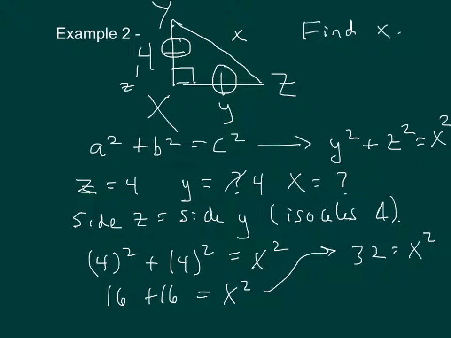Now we want to get x by itself, so we can take the square root of both sides, and we can get x is equal to the square root of 32. We won't talk about simplifying this just yet, but we do have an answer, and x is equal to the square root of 32.